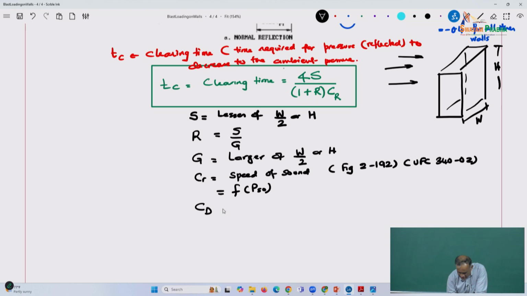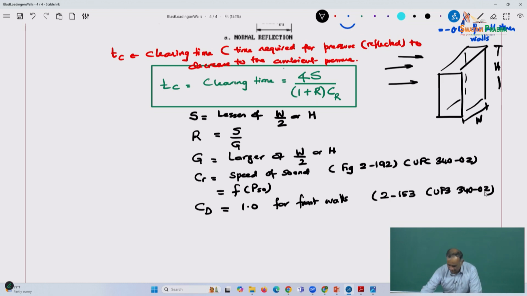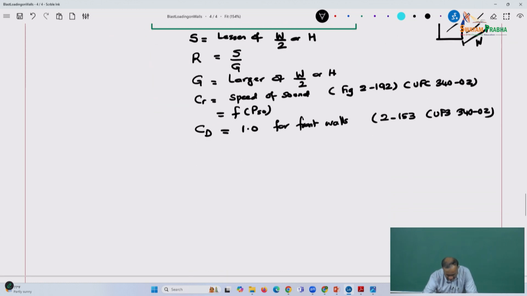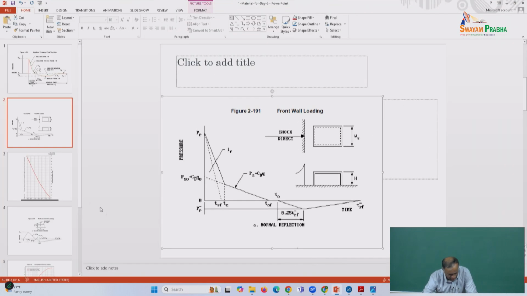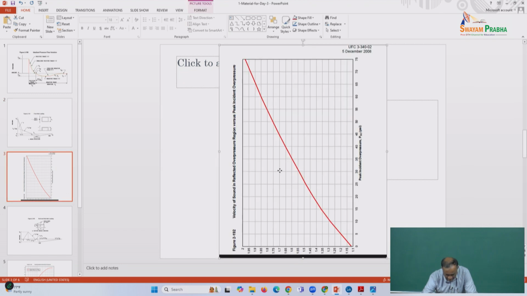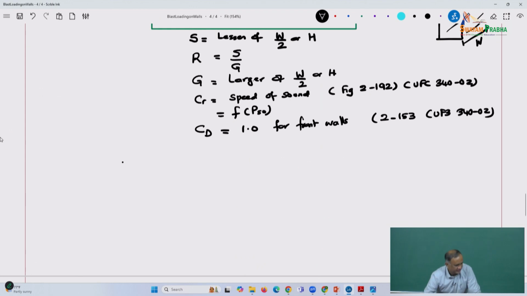And as I've already mentioned, CD equals 1.0 for front walls, which comes from 2-153 of UFC 340. So let me drop, I think I have some of those, and paste them out here.